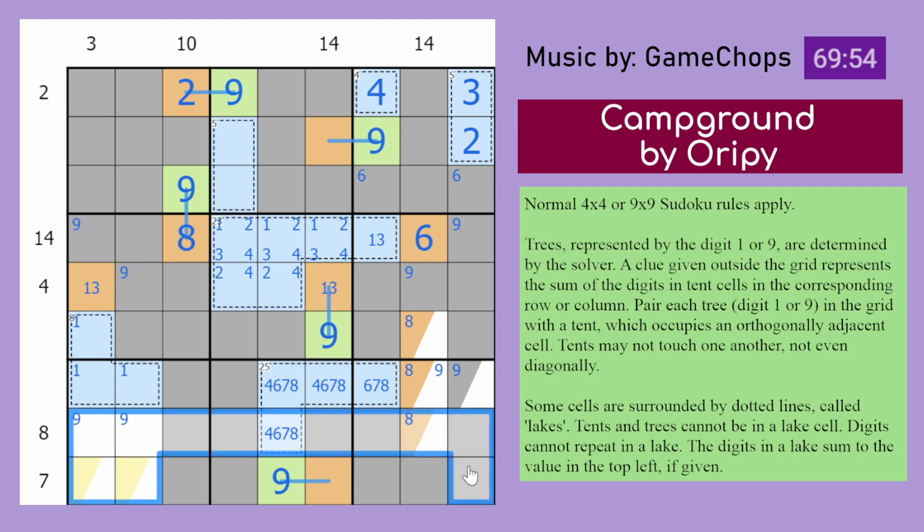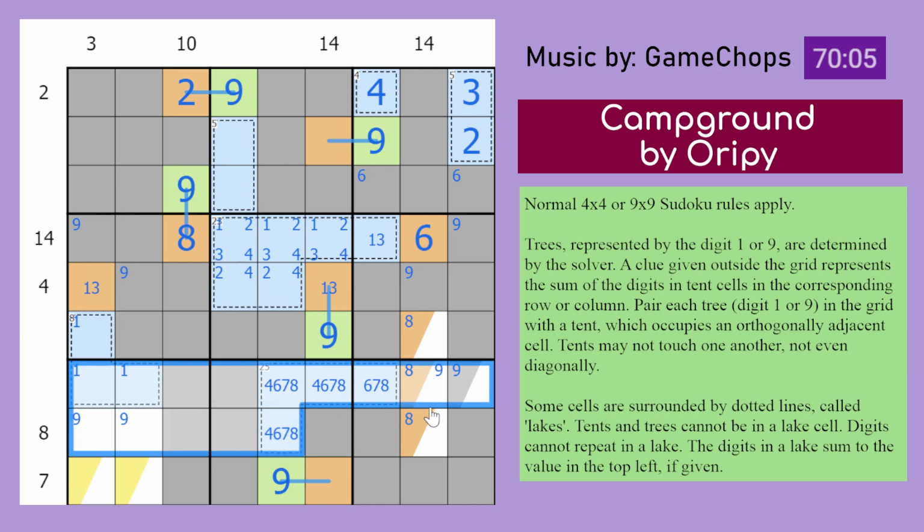Again, haven't used this 7 clue yet. How do we use it? Well, we know there's 1 tent here, there's 1 tent here, and one of those is a tent.